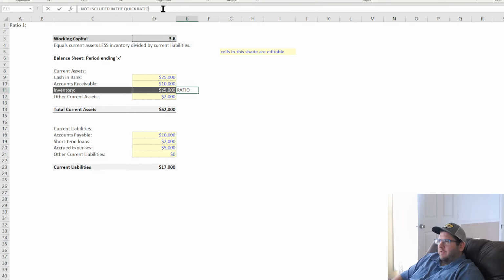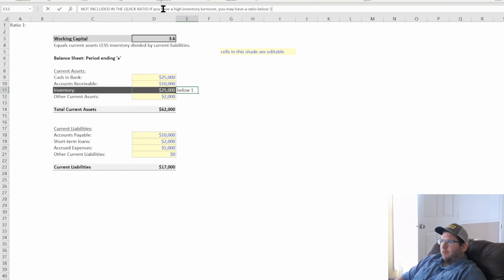Now, if you have a high inventory turnover, you may have a ratio below 1. Or if you just have very bad operational cash flows, that could also be why it's below 1.